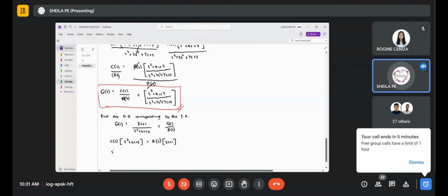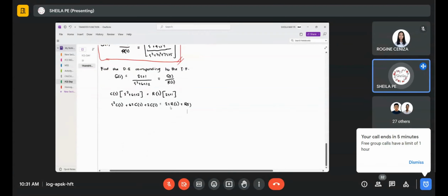Okay, distributing, we have s squared C(s) plus 6s C(s) plus 2C(s) equal to 2s R(s) plus R(s).